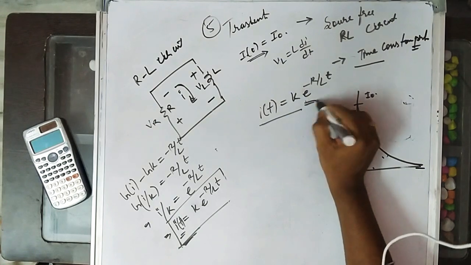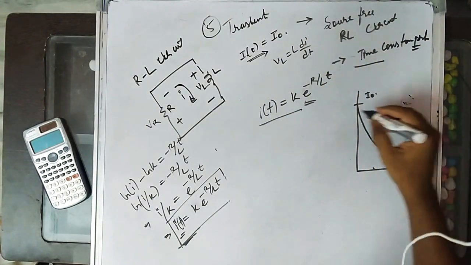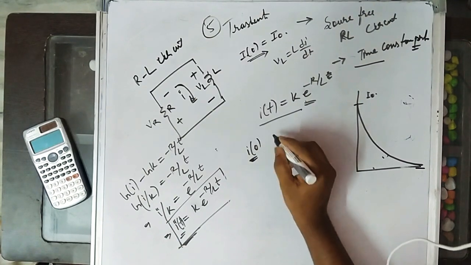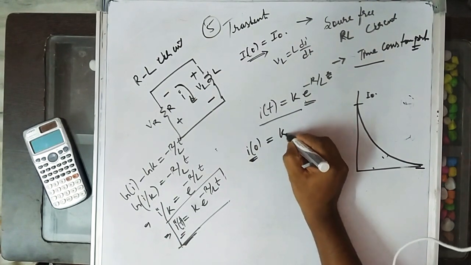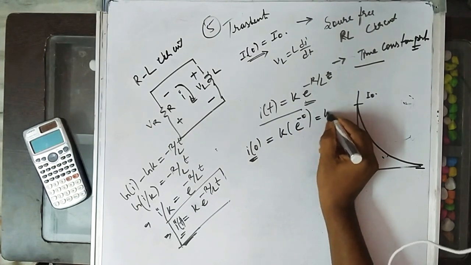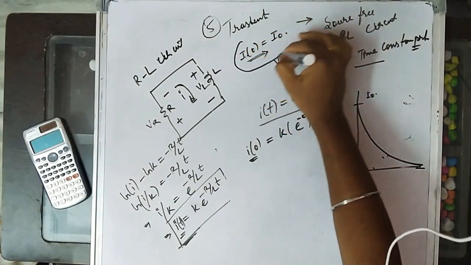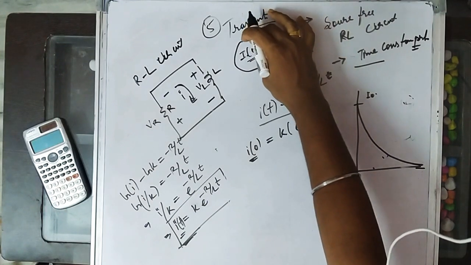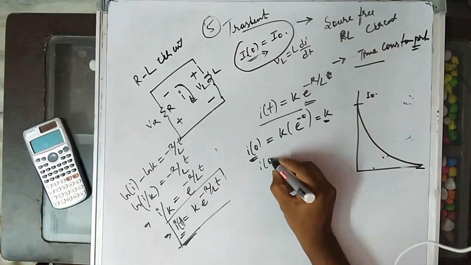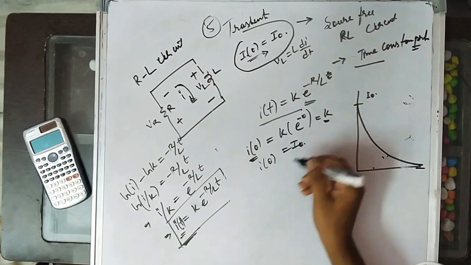The exponential of some value is decreasing. If t equals 0, then I of 0 equals k e power minus 0, which equals k. We initially took I of 0 as I naught, so we replace k with I naught.